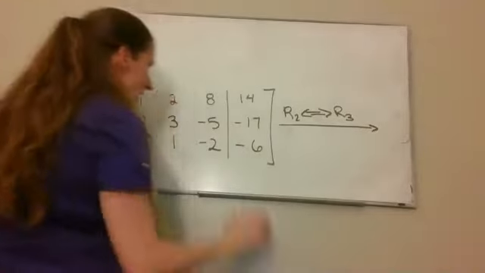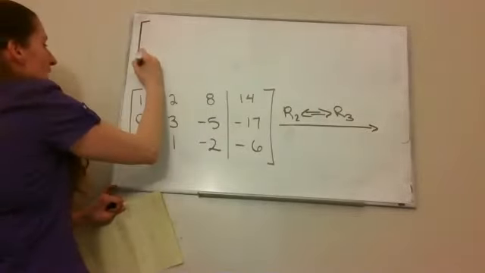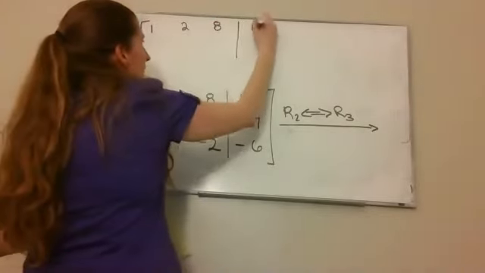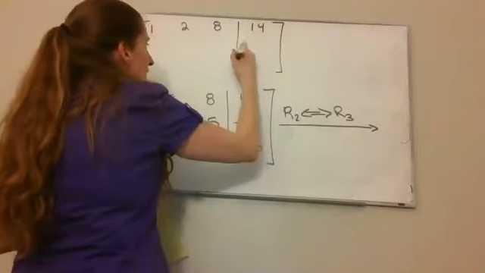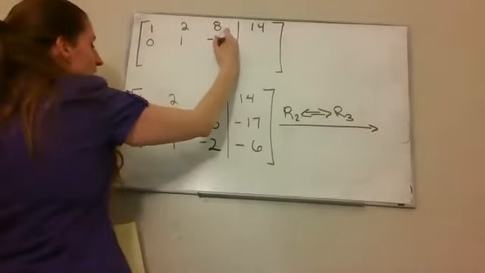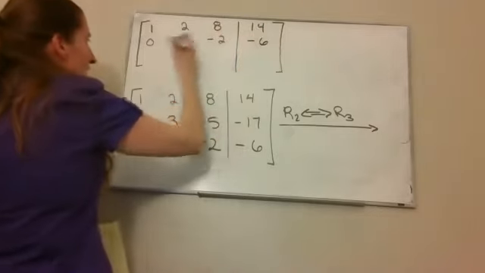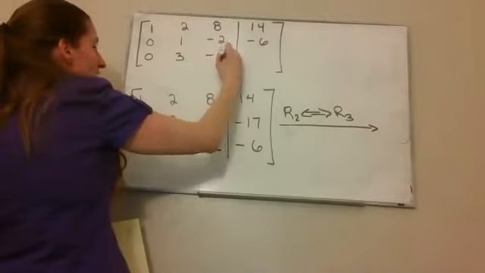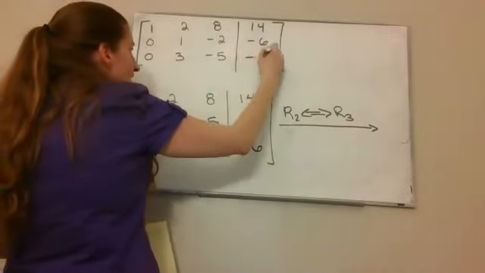So let's interchange row 2 and row 3. If I do that, then my row 1 is still 1, 2, 8, 14. My row 2 will now be 0, 1, -2, -6. And my row 3 is now 0, 3, -5, -17.